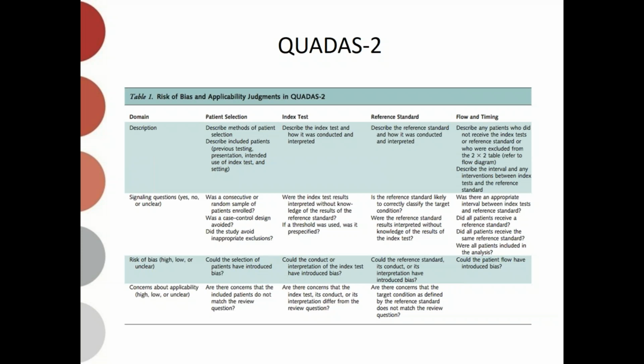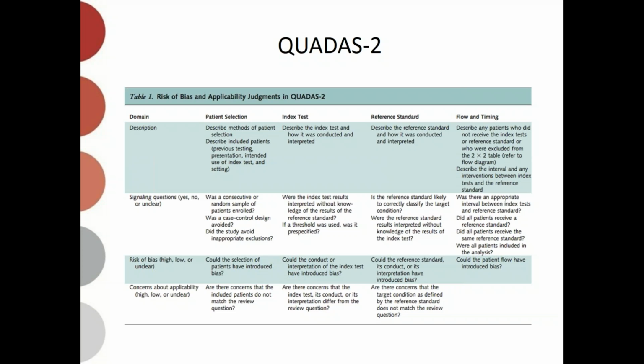And if most of the findings are labeled as unclear, your overall risk of bias can also be judged as unclear. So based on how you design your study, you can answer your questions appropriately, and then come up with an overall risk of bias assessment per domain. This can be high, low, or unclear.